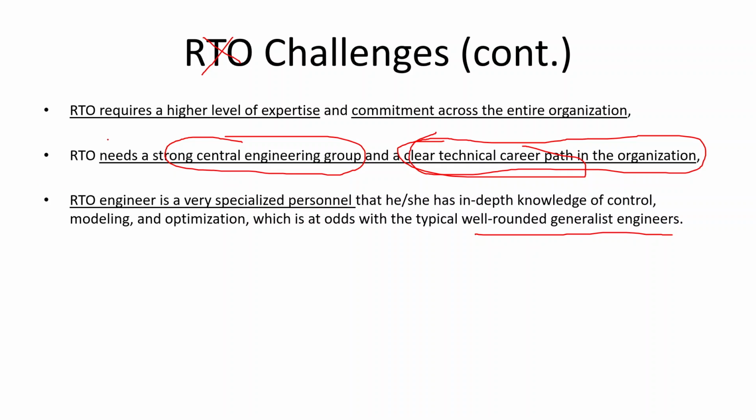So these are what I see: one, the expertise, two, the career path, and three, the commitment. These are the things an organization must have to implement RTO. If one of these three is not there, they can try, but it will not be successful. That one I can guarantee.